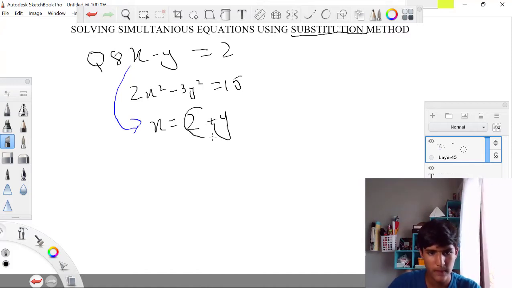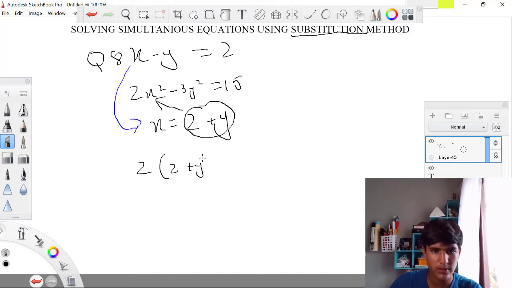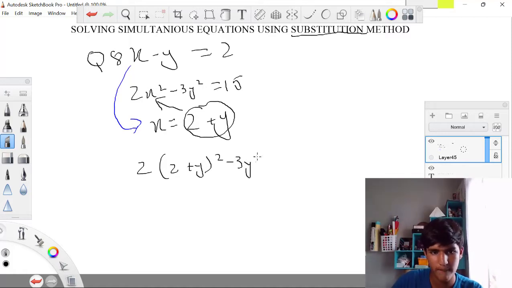When I put this into the value of x in the other equation, we will get 2 into (2 plus y) squared minus 3y squared is equal to 15.